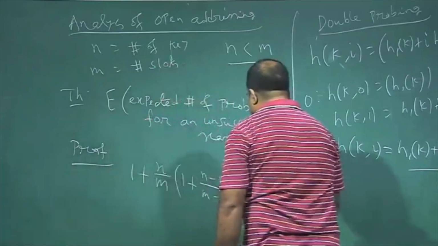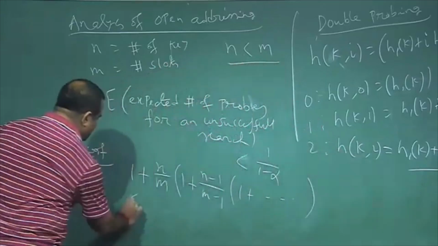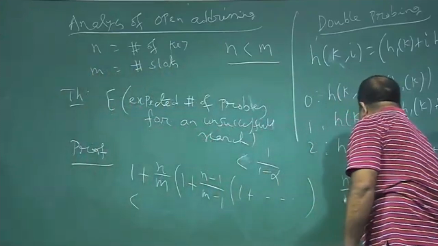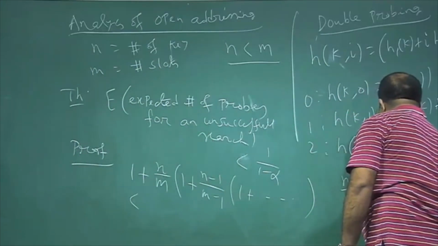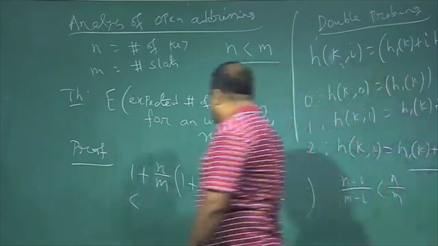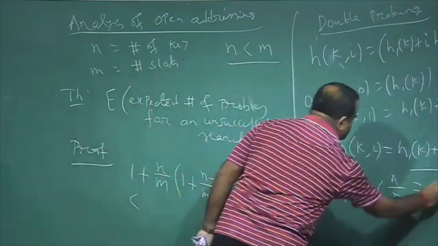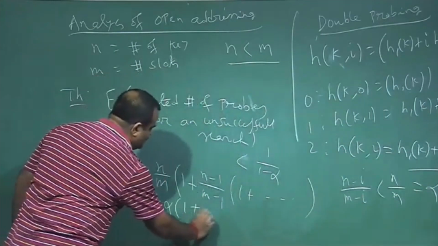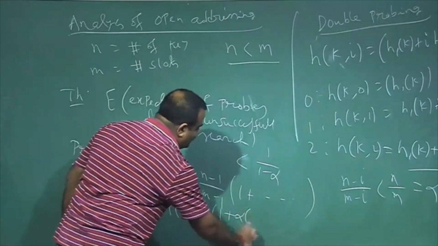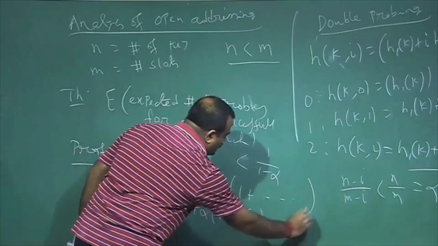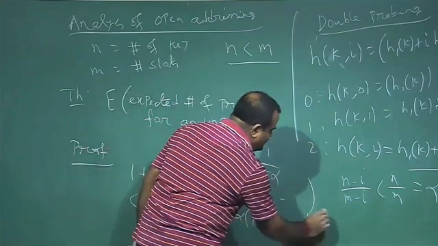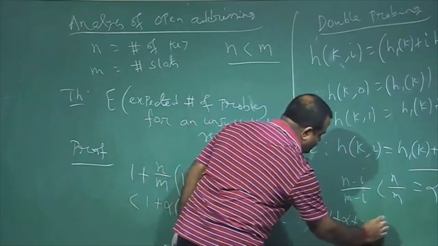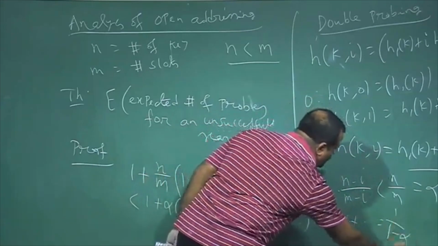We can use the fact that the ratio is less than n by m, which is alpha, so we can write this as less than or equal to 1 plus alpha times (1 plus alpha times (1 plus alpha ...)). This is less than or equal to 1 plus alpha plus alpha square and so on, which is 1 by 1 minus alpha.